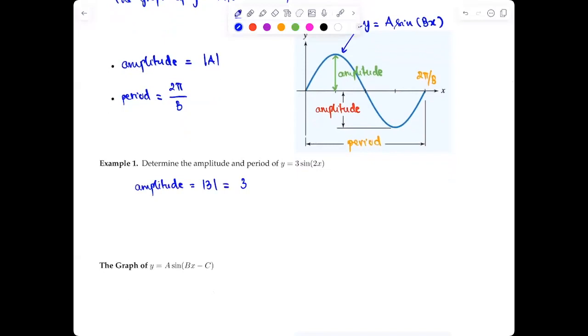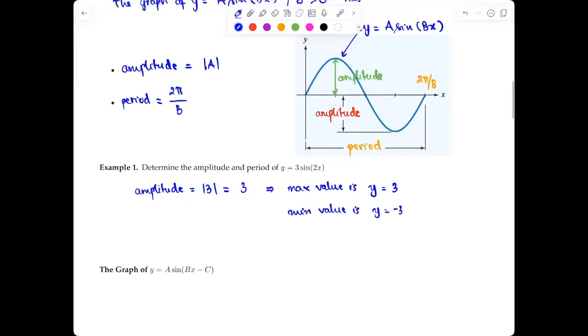So when you have the amplitude, it says that the maximum the function can get to is positive 3, and the minimum that the function can get to is negative 3. Right. So the max value is y equal to positive 3, and the min value is y equal to negative 3.